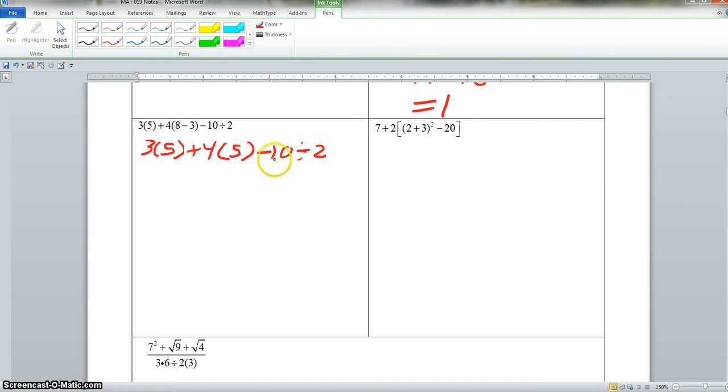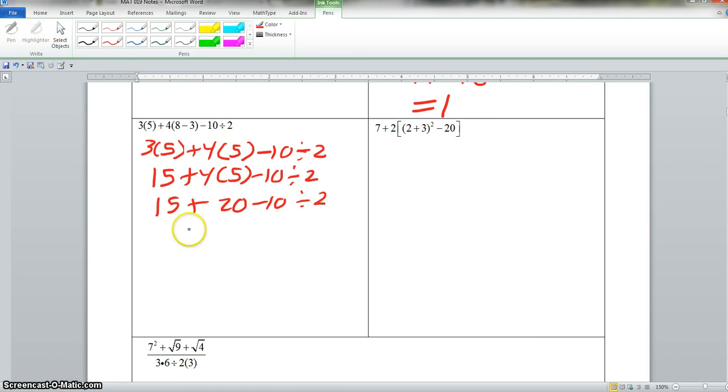Now there's nothing we can do inside these parentheses, but we have multiplication, addition, multiplication, subtraction, and division. We know we would do the multiplication first because it came first from left to right. 3 times 5 is 15, plus 4 times 5 is 20, minus 10 divided by 2.